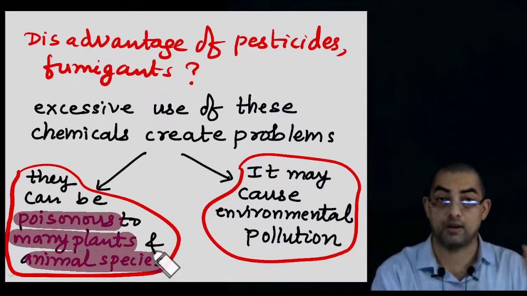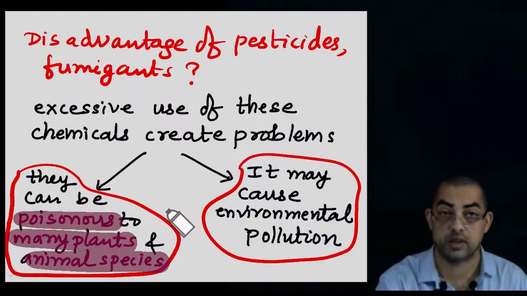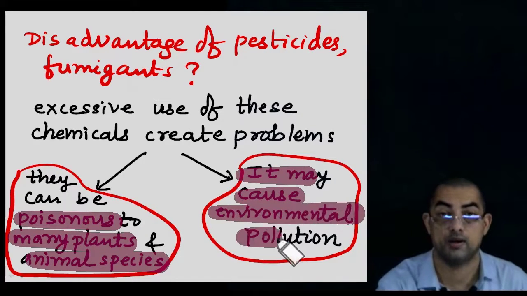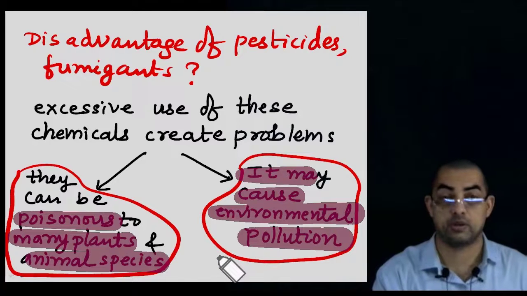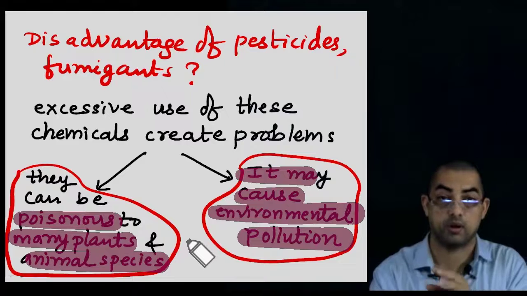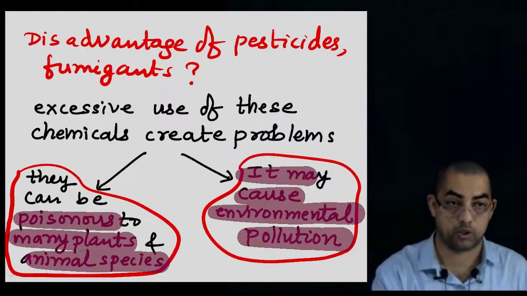You are spraying it onto the plants, so it can damage those plants. No doubt you are getting rid of your insects, but the plant is suffering as a result. Or it may cause environmental pollution also. When you irrigate or when it rains, all these pesticides flow along with the water into the nearby river, and it is going to create environmental pollution.